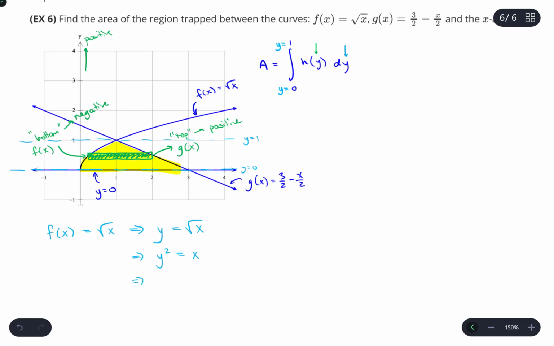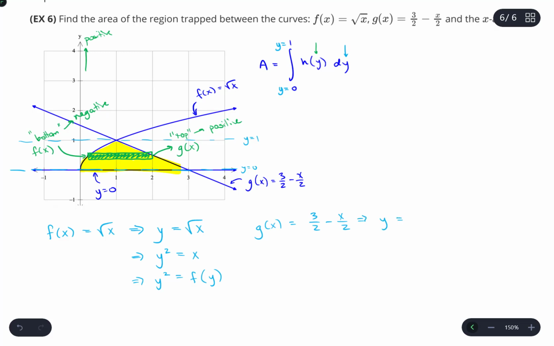But that, in fact, is a function of y. So I could say this is the same function f, but now it's in terms of the variable y.